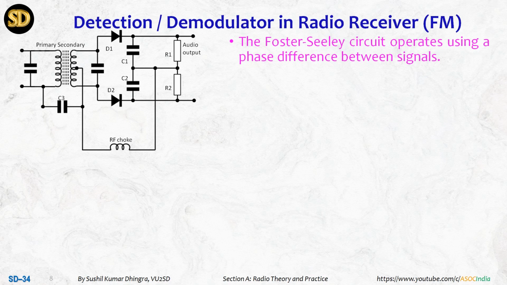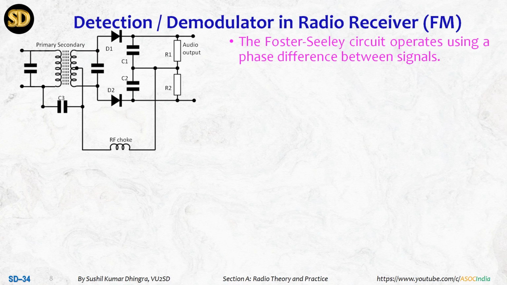If there is no change in phase difference, the output will be the same in both diodes, and the result will be zero. And this capacitor on the secondary side, if you see carefully, will create a 90-degree phase shift, so that there is something. And the C3 capacitor is also provided just to prevent feedback.